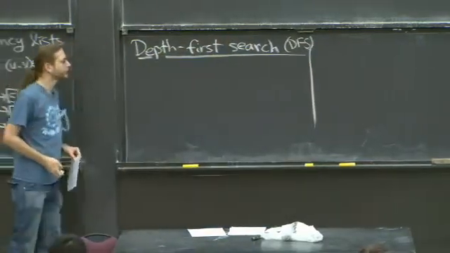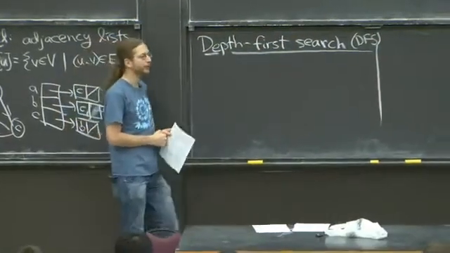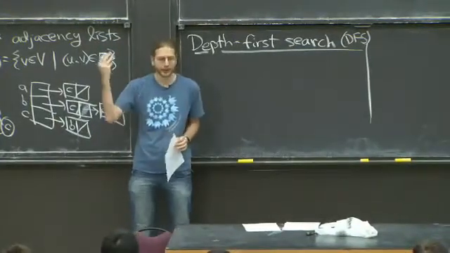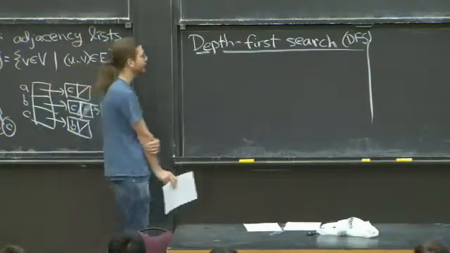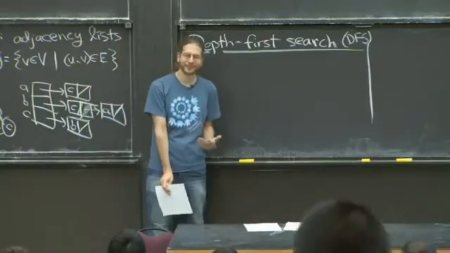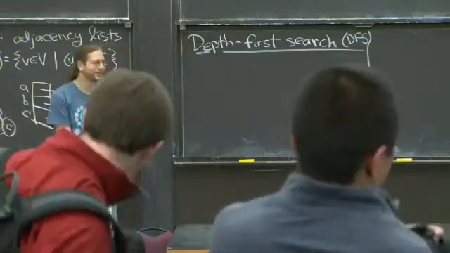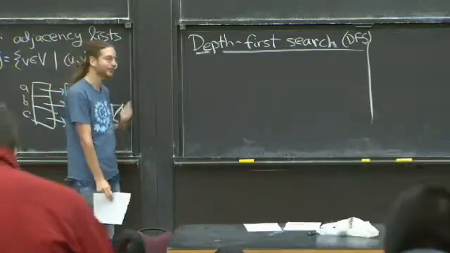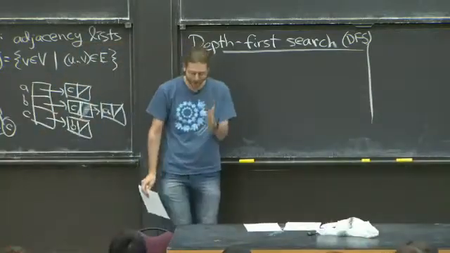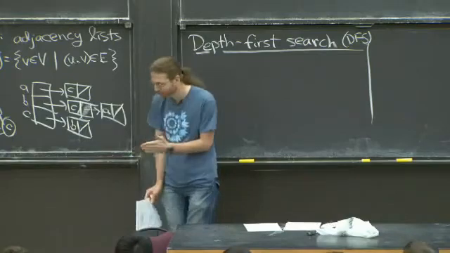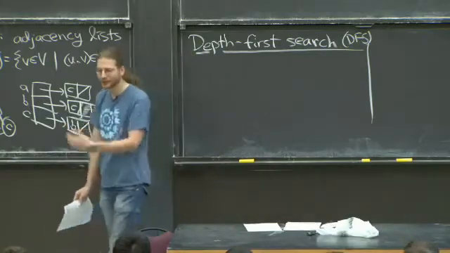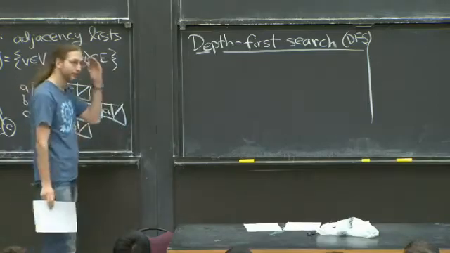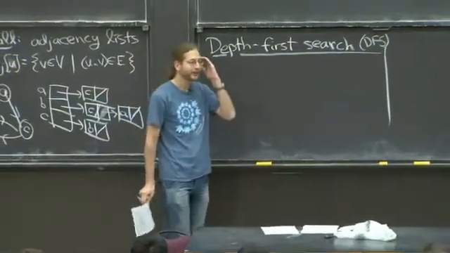Depth-first search is kind of like how you solve a maze. Like the other weekend, I was at a big corn maze in central Massachusetts. And it's easy to get lost in there, in particular because I didn't bring any breadcrumbs. The proper way to solve a maze, if all you can do is see which way to go next and then walk a little bit to the next junction, and then you have to keep making decisions, unless you have a really good memory, which I do not.